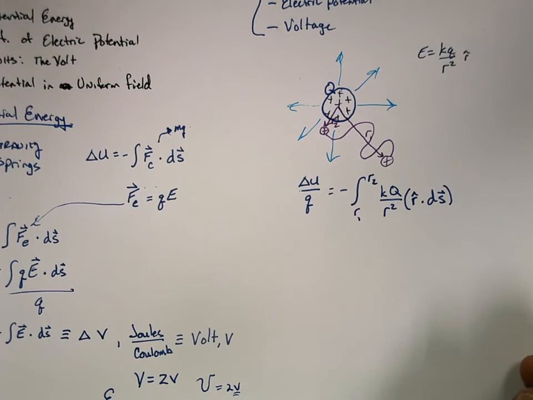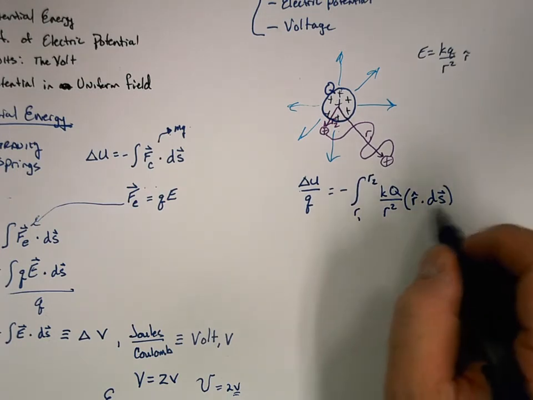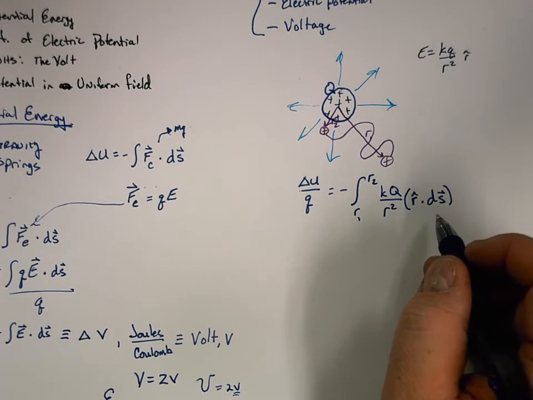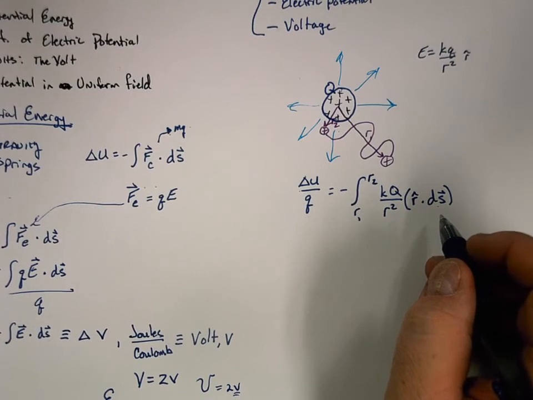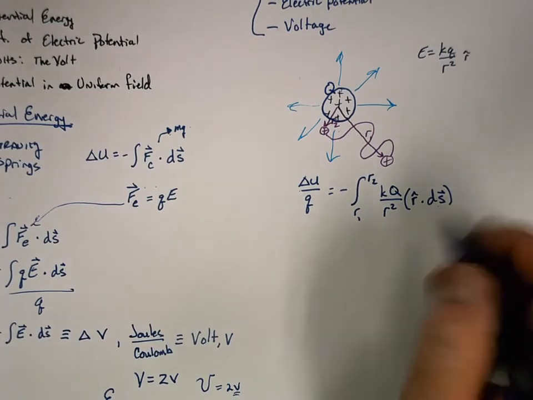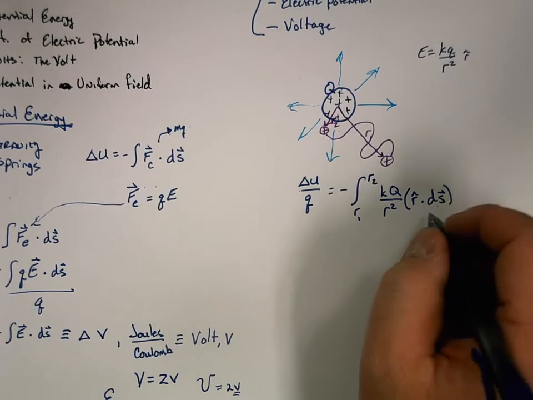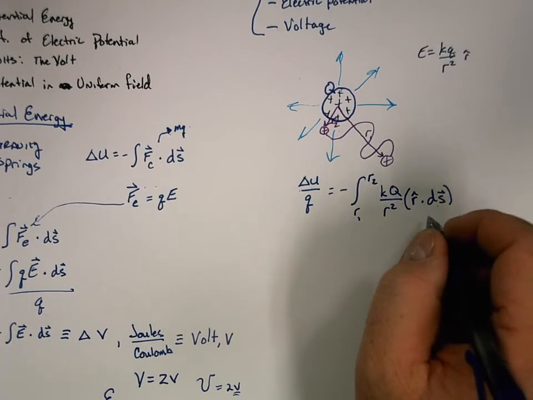All right, so what do we get with this? Well, the dot here, ds, in the direction of r is just r hat again, right? R hat dot r hat is 1, essentially. So this just becomes dr. You follow that?